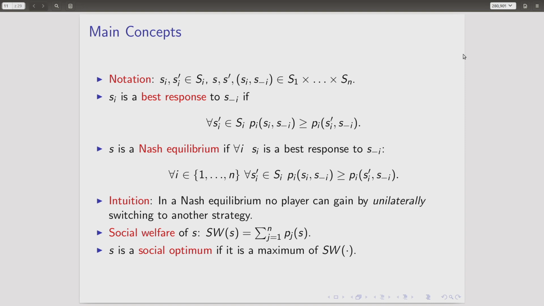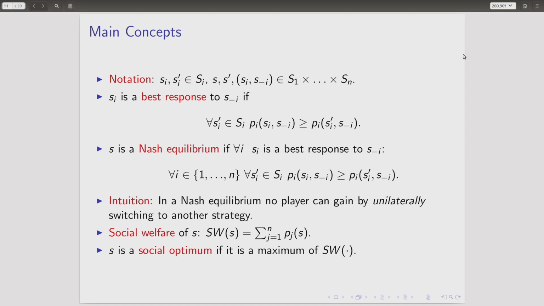And Nash Equilibrium is exactly what we said before, but now written formally. For each player and for each strategy of his, this strategy entering S, because it's a definition that S is a Nash equilibrium, the strategy entering S for player I yields for him at least as much as any other strategy.